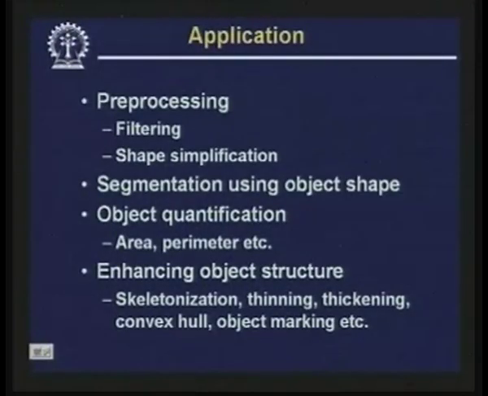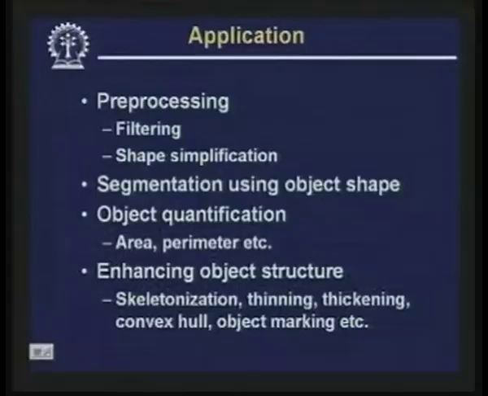In such cases, these morphological operations will help us to simplify the shape of a complicated structure, so the complicated structure will be broken into a number of very simple substructures that we can describe very easily. Then, as we said, morphology is a topic which deals with the shape or structure of objects, so we can use the object shape for segmentation as well. Segmentation using the object shape is another major application of these morphological techniques.